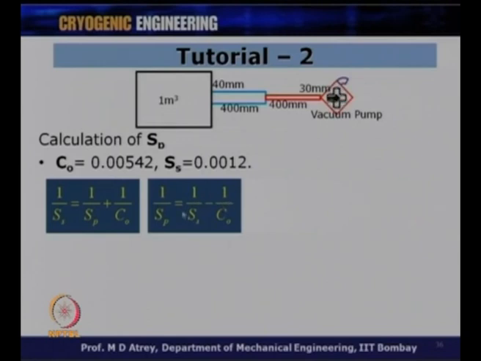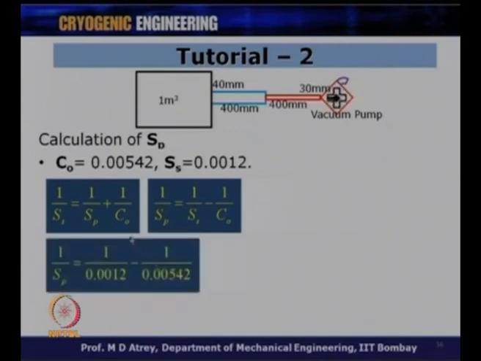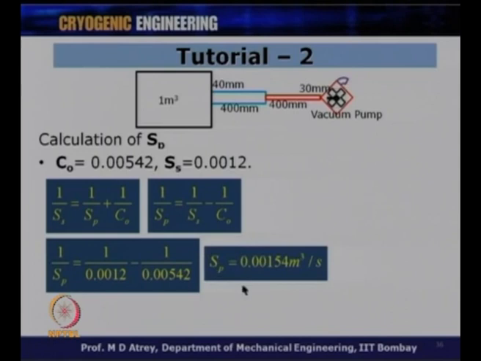So, put in the value of system pumping speed and the value of conductance, and I will get what my pumping speed should be. So, 1 upon SP is equal to 1 upon 0.0012 minus 1 upon 0.00542. Putting in these values, I get my pump speed equal to 0.00154 meter cube per second.